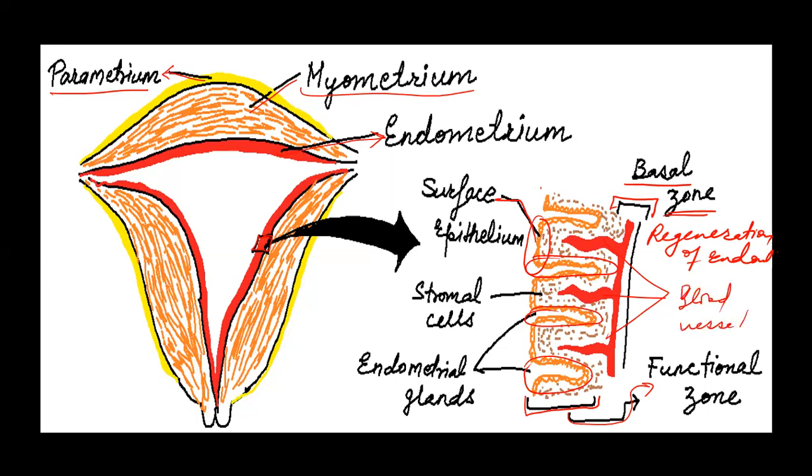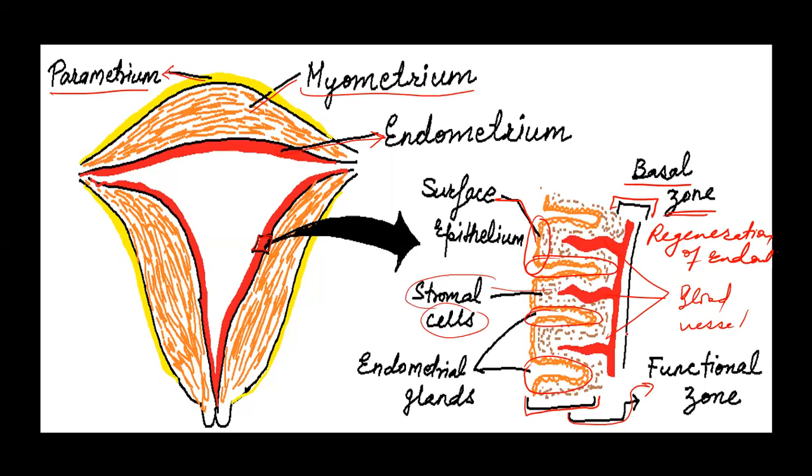And this dotted structure is nothing but stromal cells. The stroma has a connective role, and the cells which are embedded in the matrix of the stroma are the stromal cells. So the role of the stroma is connective.